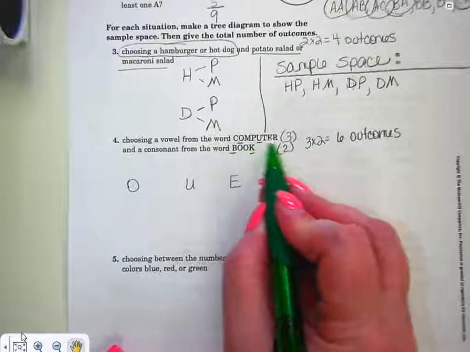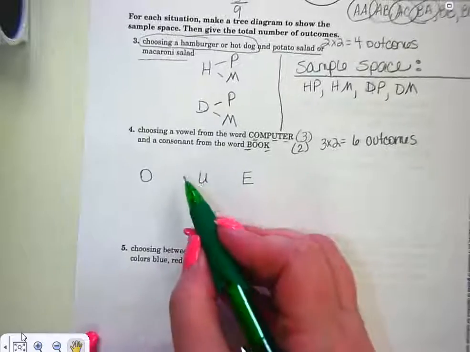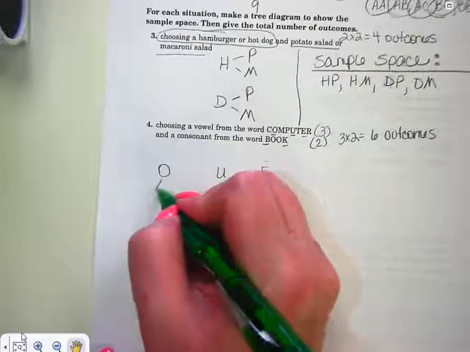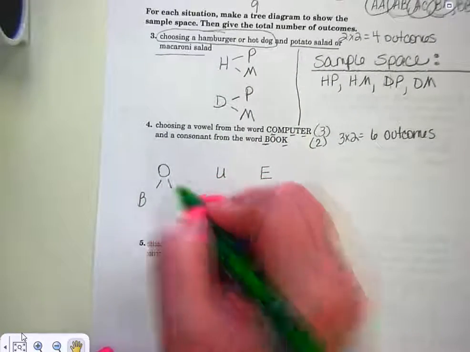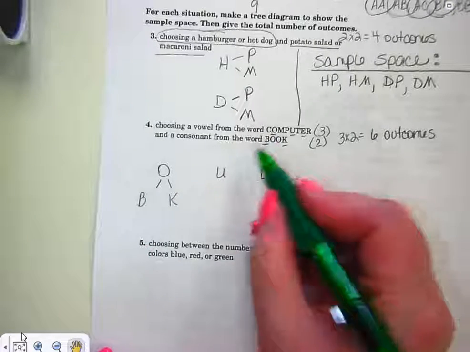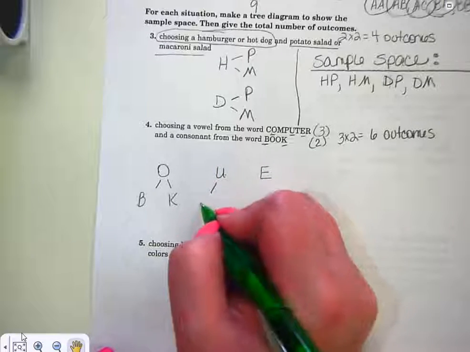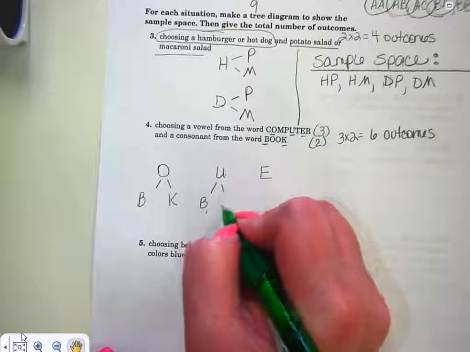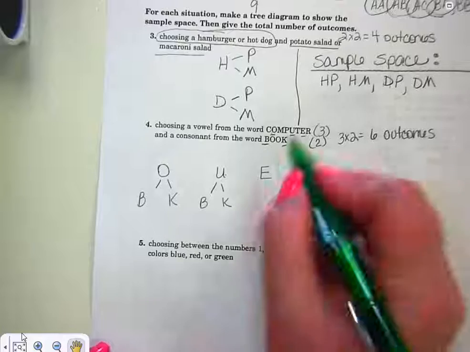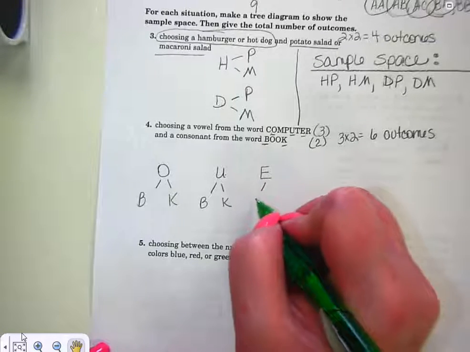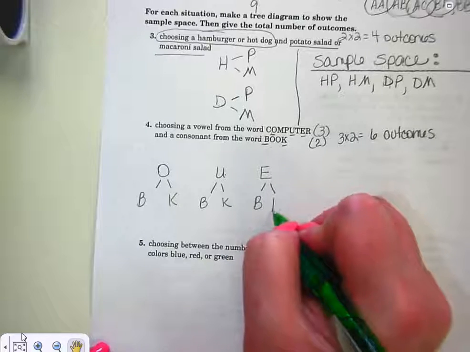So the first thing would be any of those things. And then, if we got an O from computer, then from book we could get a B or a K. If first we got a U from computer, the next thing we could get would be a B or a K. And the last thing, if we got an E from computer, then we could get the B or the K.